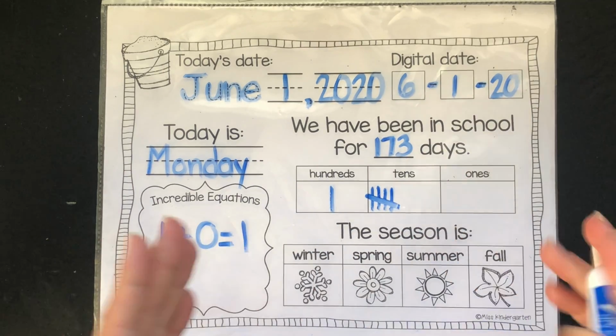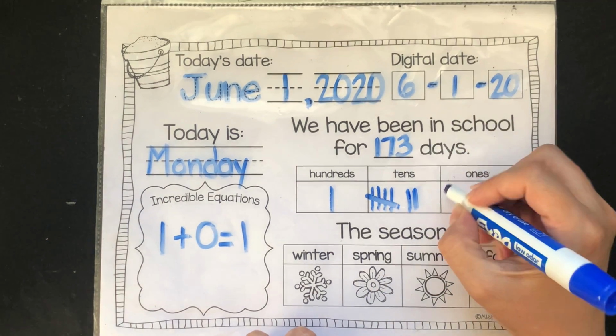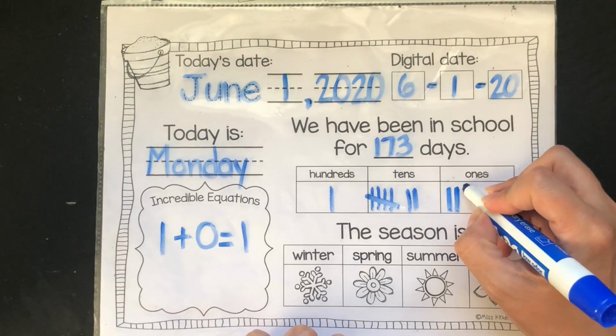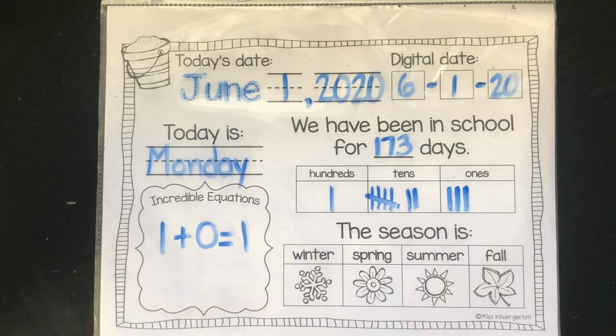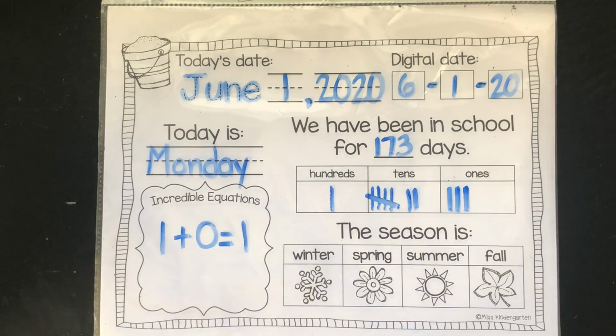We give a little space. 6 and up. 7 and stop. Very nice, love bugs. And then we look at the ones place. How many do we have in our ones place? We have 3. So we're going to make 3 tally marks. 1, 2, 3, and stop. So this is how we show 173 in our place value chart.